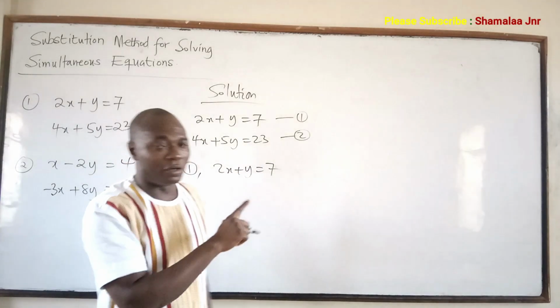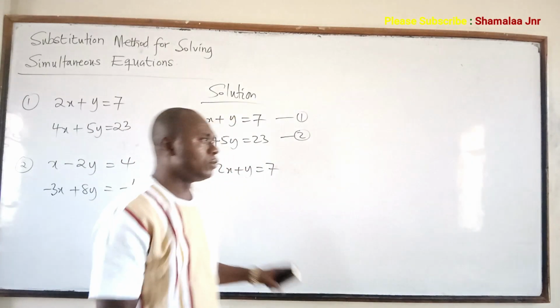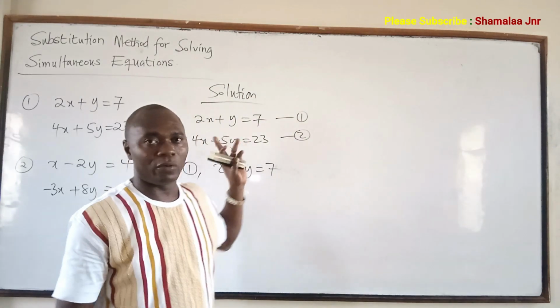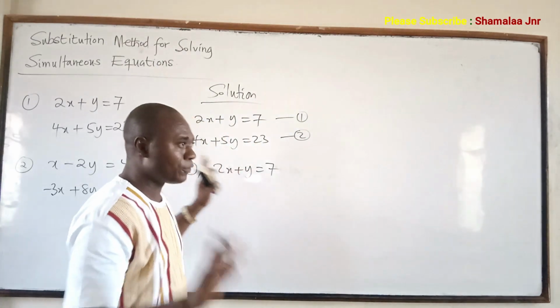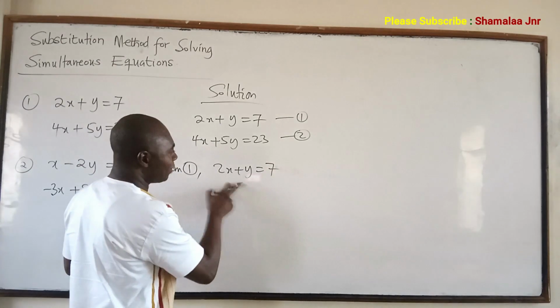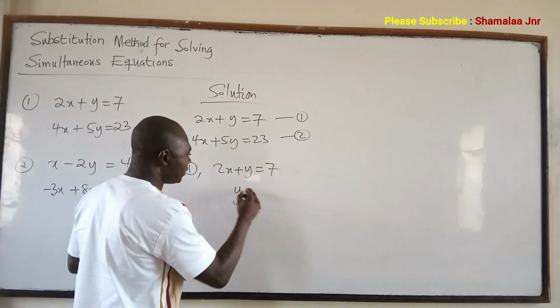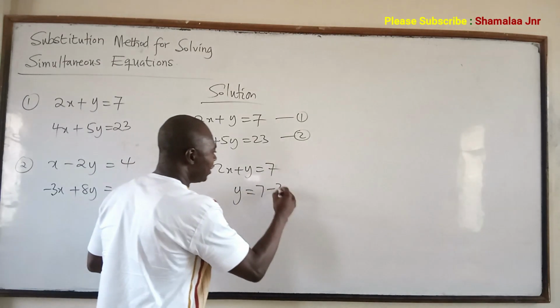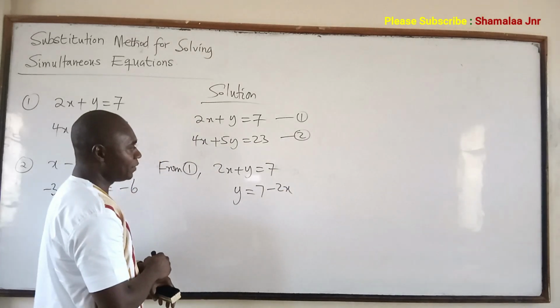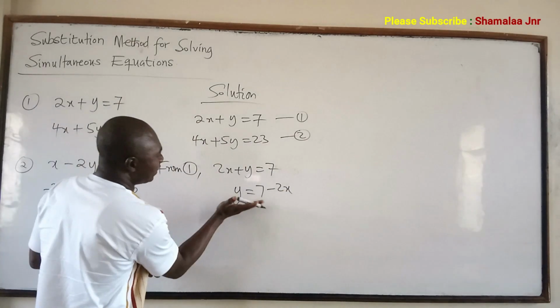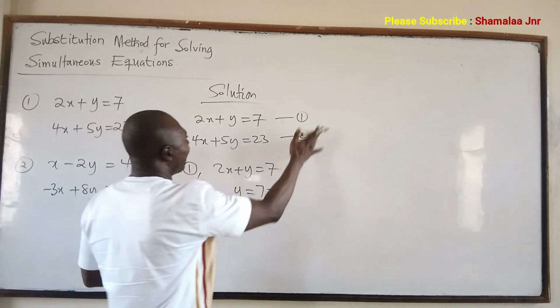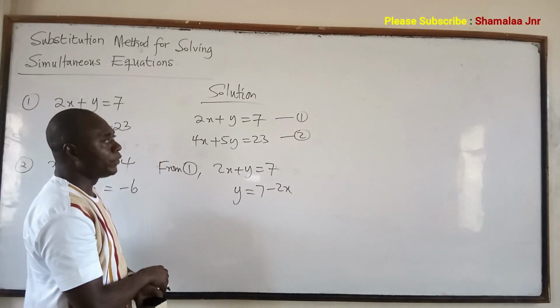I have a video on change of subject of relations; those of you who do not understand it can go and watch that video. So if you make y the subject here, it's going to be y is equal to 7 minus 2x. Now you are going to put this into the other equation, into equation 2.